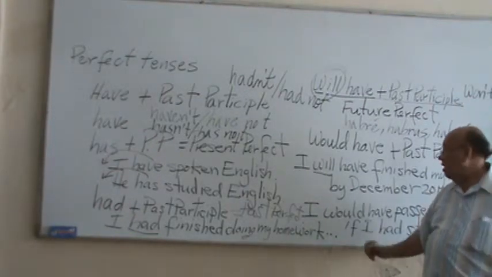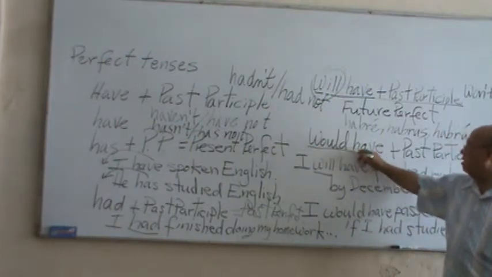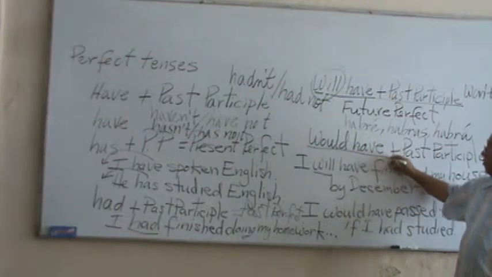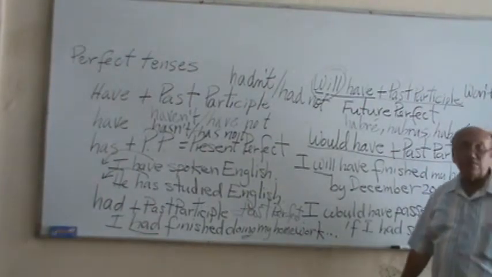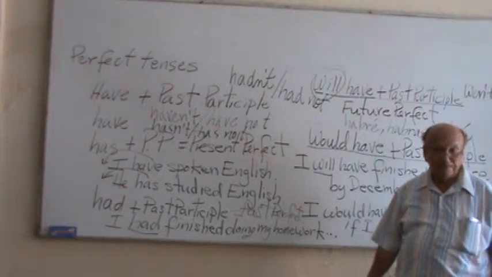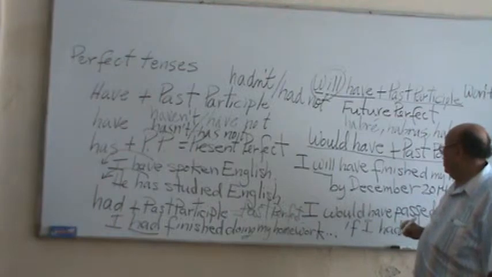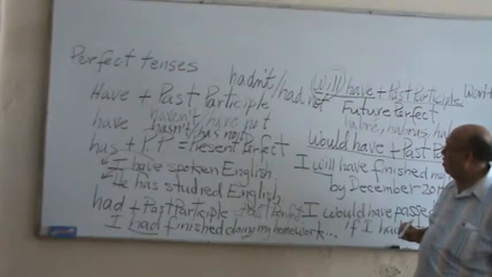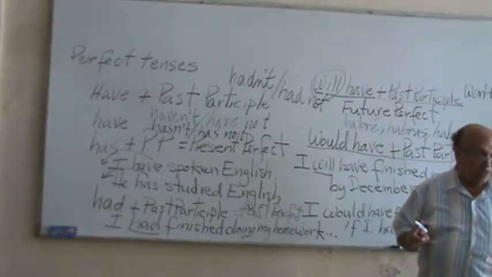Okay? The next structure is using would have plus past participle. Would have plus past participle. Okay? Would have plus past participle is used for conditional perfect tense.